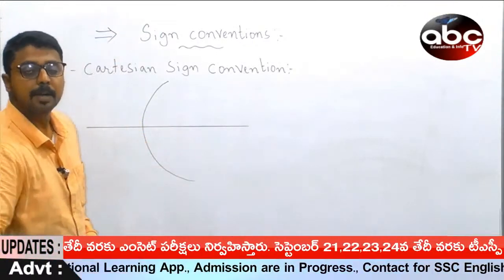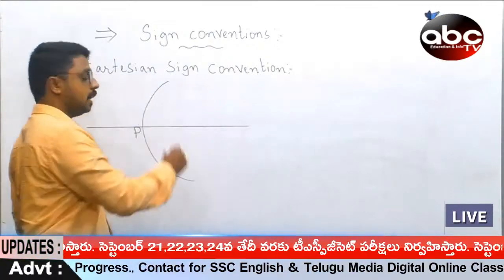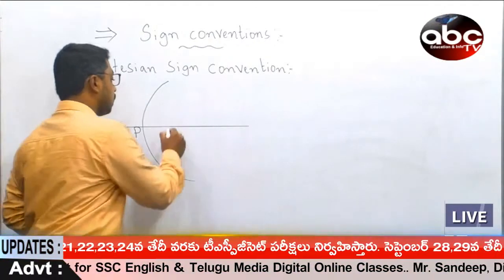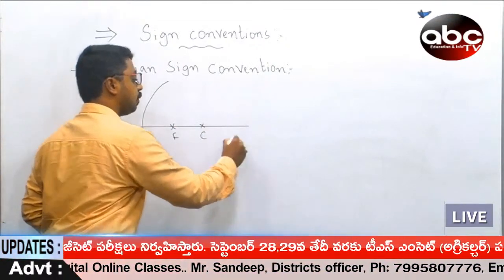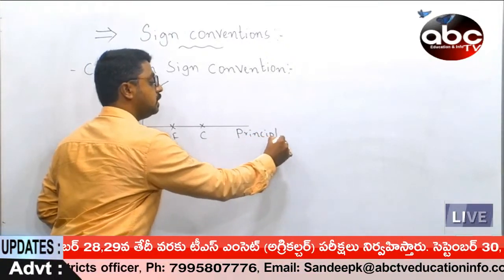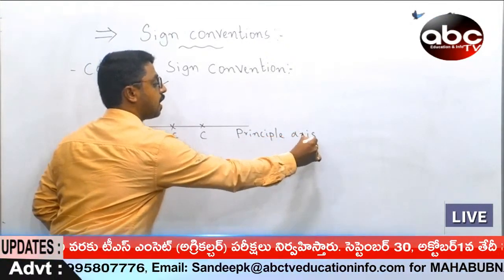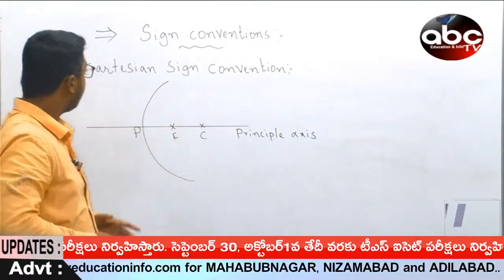By drawing the principal axis, automatically we indicate the terms. This is the pole, this is the focus, this is the center of curvature, and this is termed the principal axis. So it's already known to us.